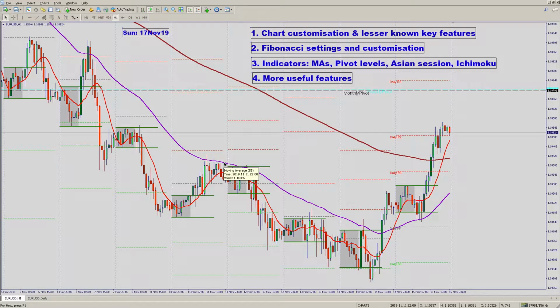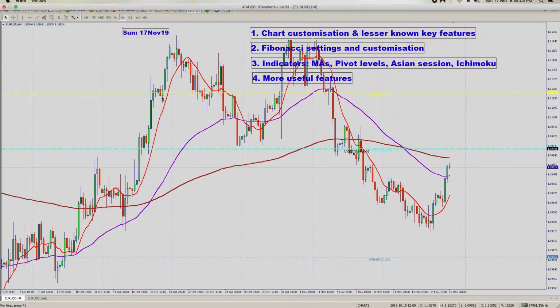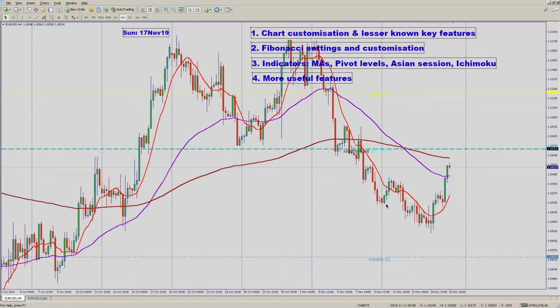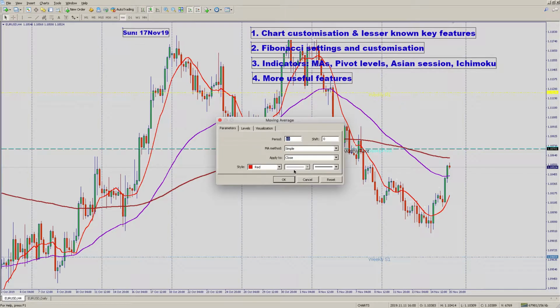EMA. So we can just take note, this is towards the end of 11th November and the start of 12th November. If we go to the 4 hour time frame, this is where the 1 hour candles were, and this is currently the 10 simple moving average.